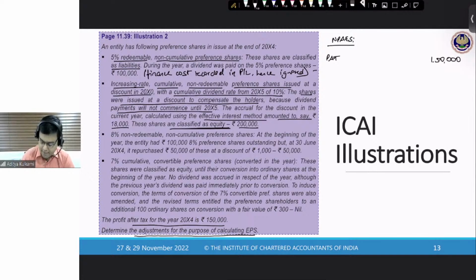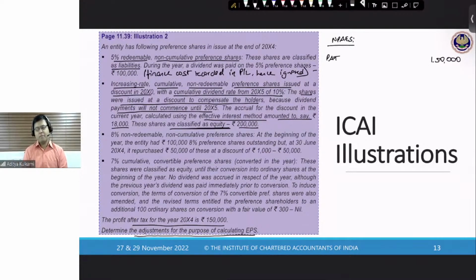Now what is happening is, today I have issued shares at a discount. Why did I issue shares at a discount? Well, I issued shares at a discount because I'm not going to get dividends for the next 5 years. So since you issued shares at a discount, where will I take that discount?